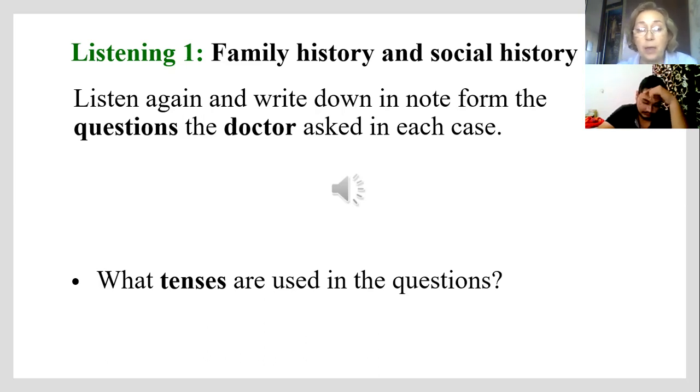You see that when the doctor just speaks about the present situation, the questions are in the present tenses. About past events, like the cause of his father's death and when she started smoking, the past simple tense is used.